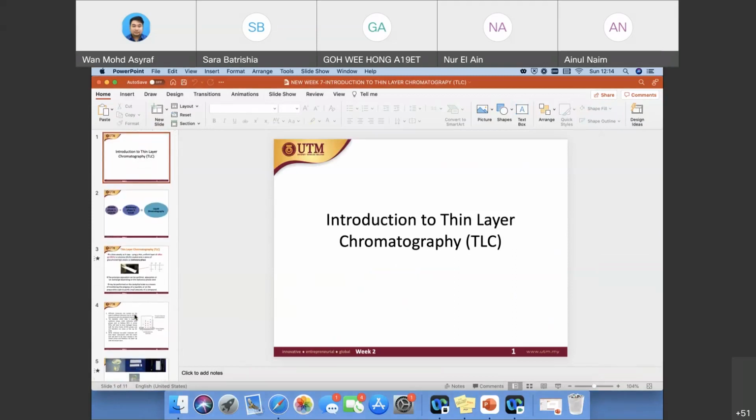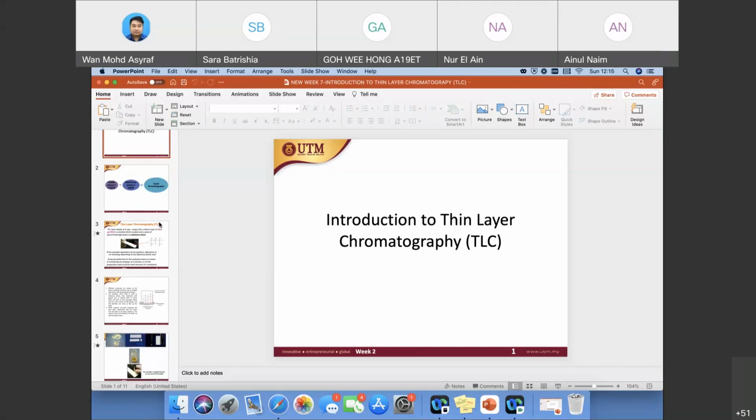Sekejap ya. Okay. Alright. Can we continue for TLC, thin layer chromatography? This is just the simplest type of chromatography. Boleh ke continue? Sure, yeah.